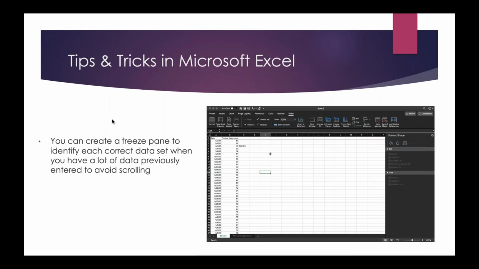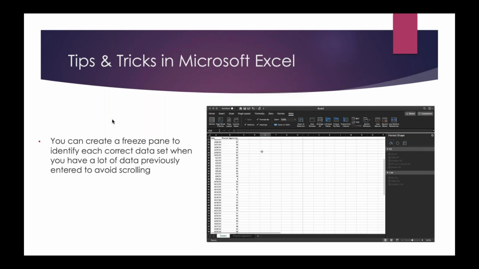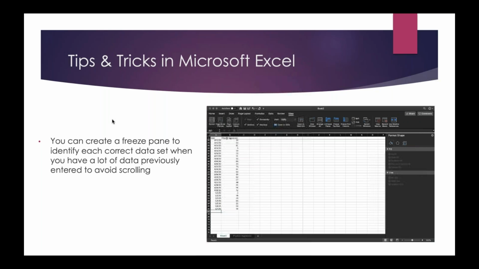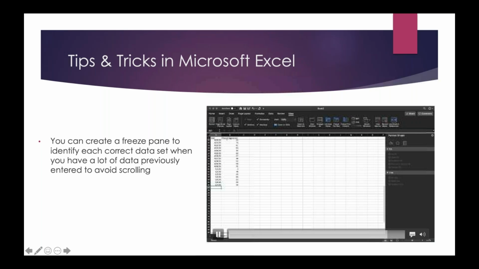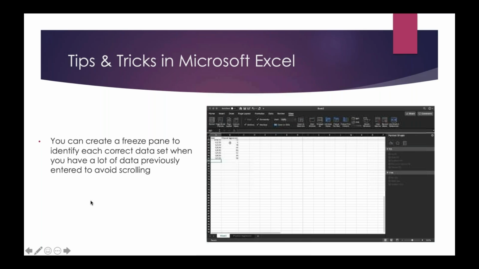This means now that when I scroll down to add my next data points, this first row will stay put, and I'm able to easily enter my next data point without having to scroll back up and down to make sure that I have it selected for the correct graph and the correct targeted behavior.